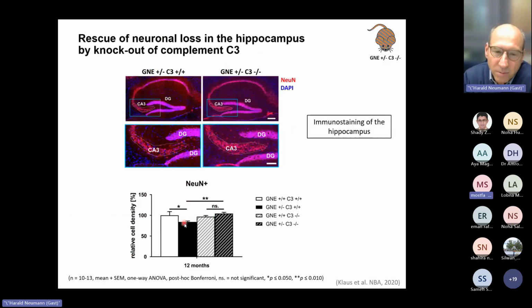Here we had to quantify quite a lot because the effect was only minimal, but again, it was completely reverted. So reduced sialylation, as we have in aging, leads to fewer neurons in the hippocampus CA3 region, and knocking out the complement factor C3 reverts the loss of these neurons, the neurodegeneration.